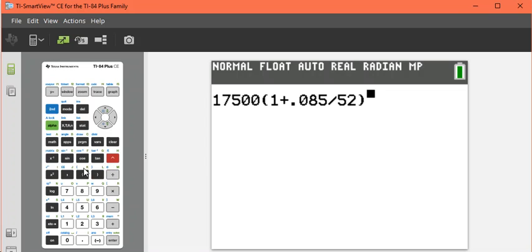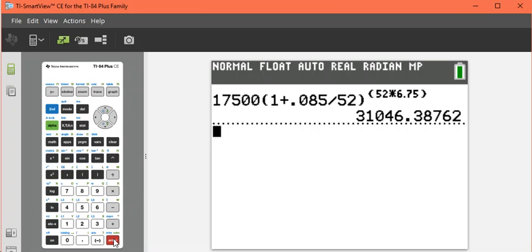Your exponent, the m times t power, make sure it's in parentheses. You can enter it in one swoop, so hit enter.